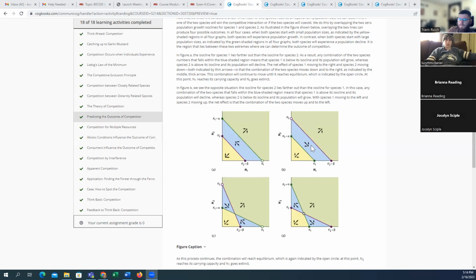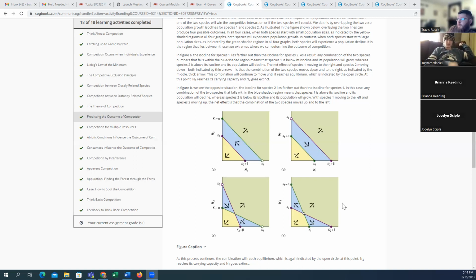So theoretically, for image D, species one could be really close to their carrying capacity, and species two could be somewhere else on their carrying capacity, so the bow tie, I guess, would be skewed, if that makes sense.